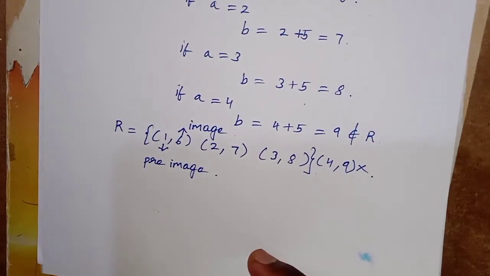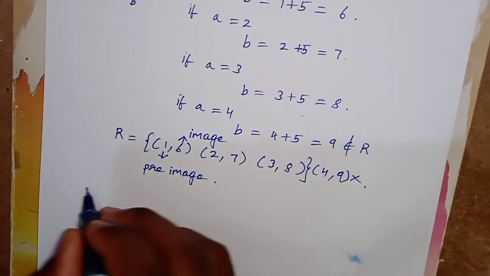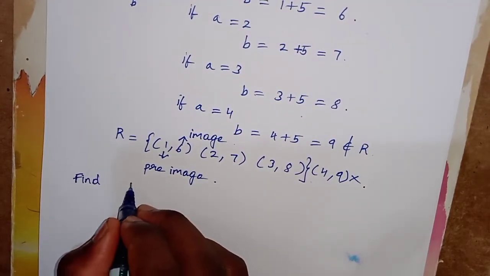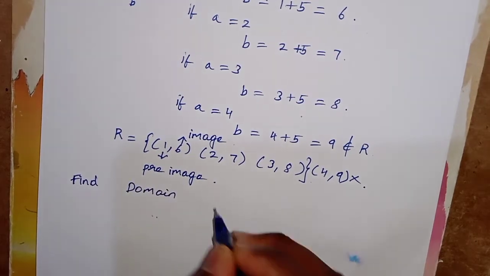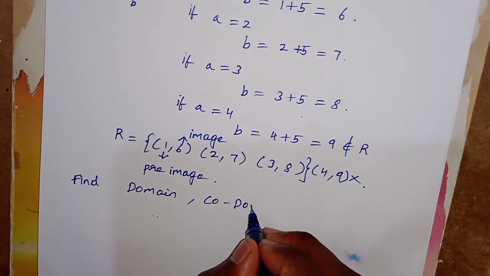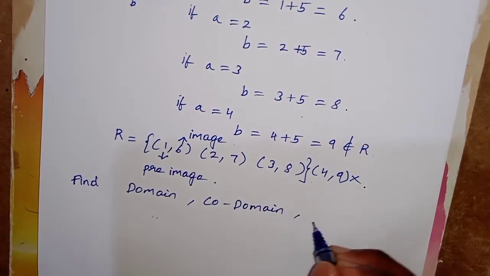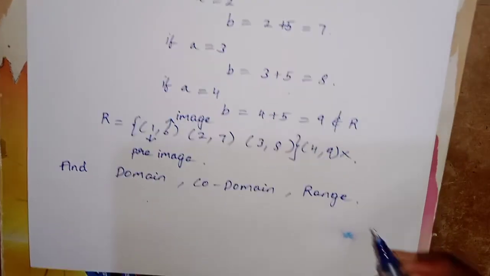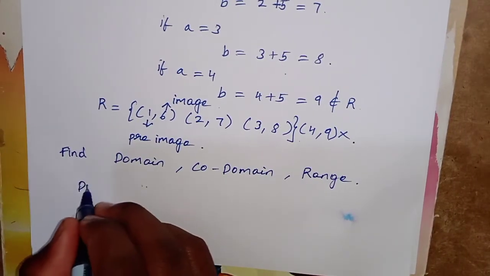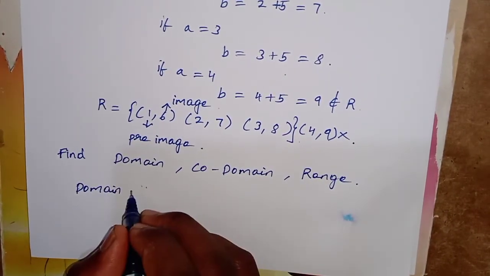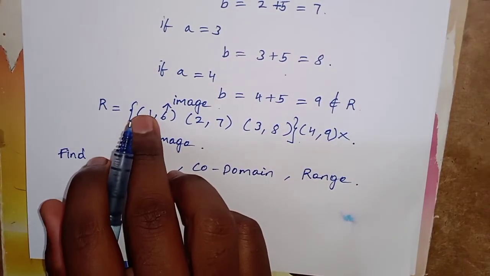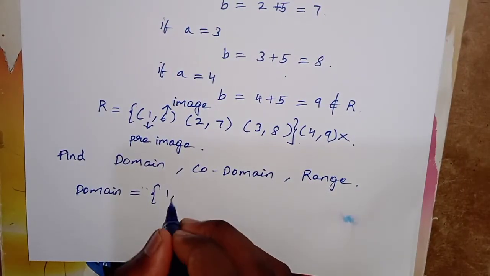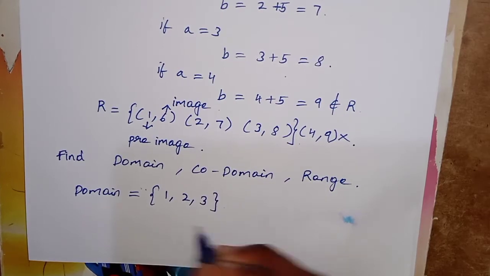Next, how to find the domain, codomain, and range, you already studied in class 11th. I am just recalling it. Domain is the first elements: 1, 2, 3.